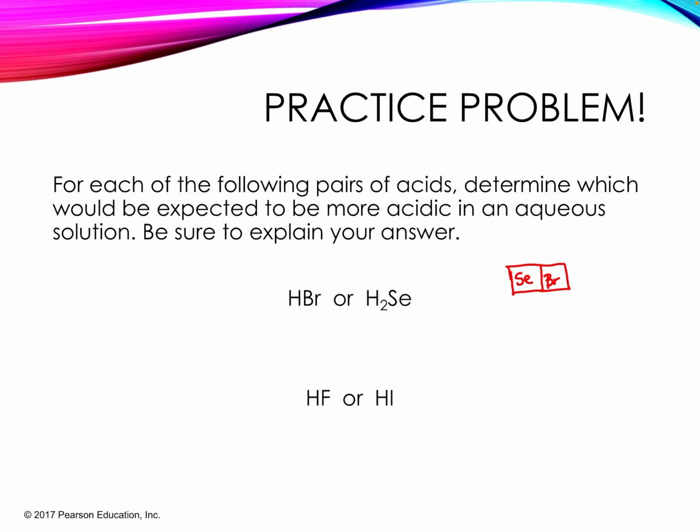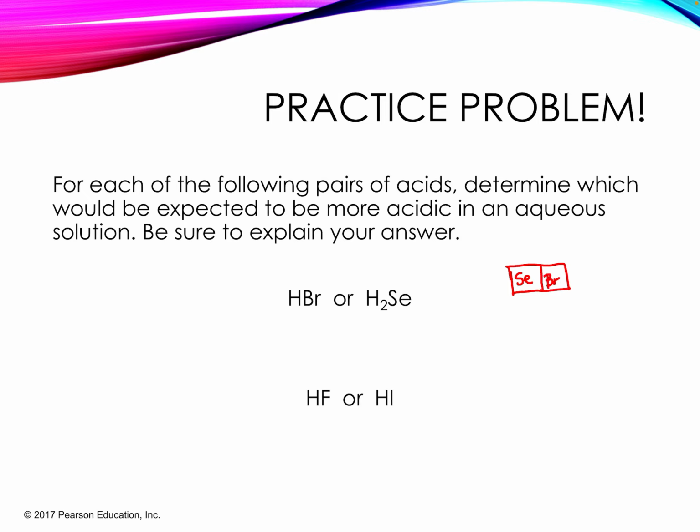And so as the other atom that's being bonded to the hydrogen becomes more and more electronegative, that makes the difference in the electronegativity values between the hydrogen and the other atom greater. And as we increase that electronegativity difference, we make the bond more polar, which means that it is easier for the hydrogen to ionize. So the bromine is going to be more electronegative than selenium, which means that it is going to create the stronger acid.